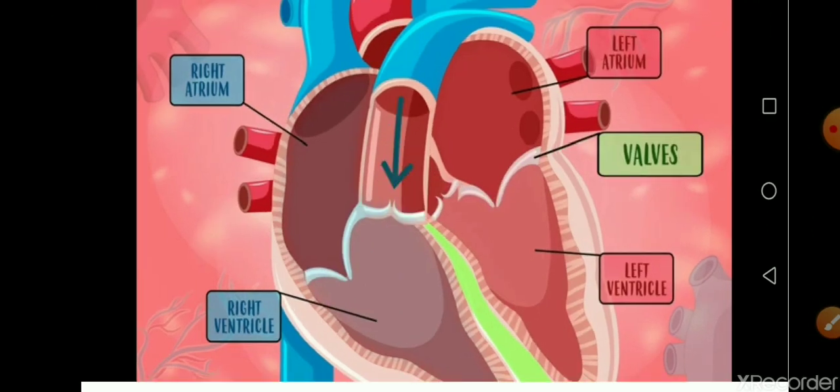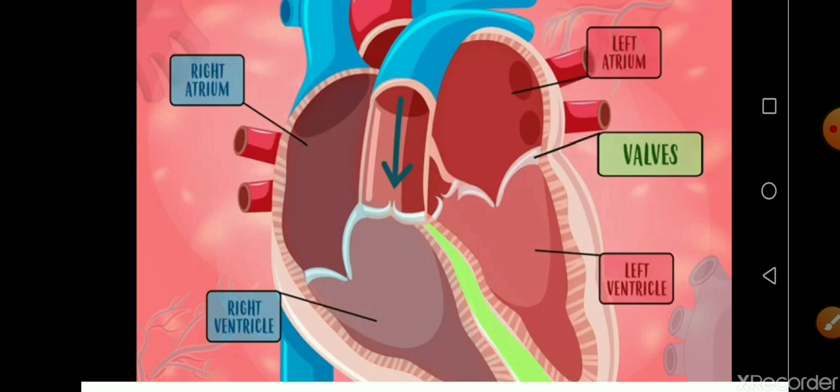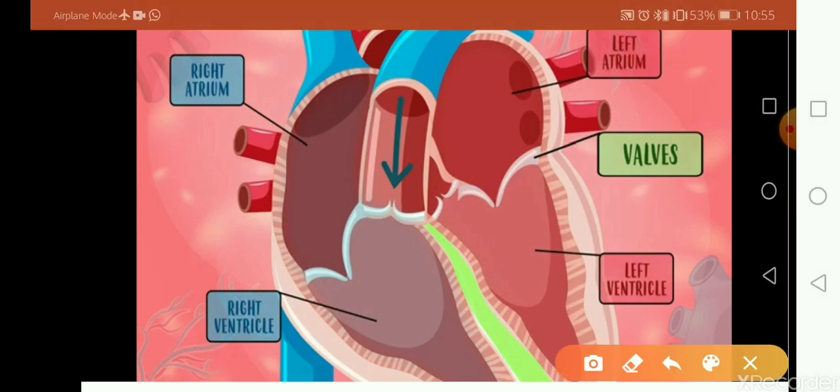Now let's talk about how our heart functions. So first of all, the deoxygenated blood, the blood which has a poor quantity of oxygen, enters into the right atrium. As you can see here, first of all, the blood enters into the right atrium. This blood has a poor quantity of oxygen.